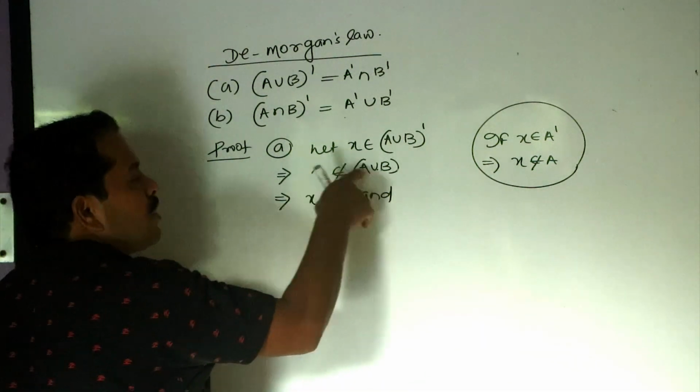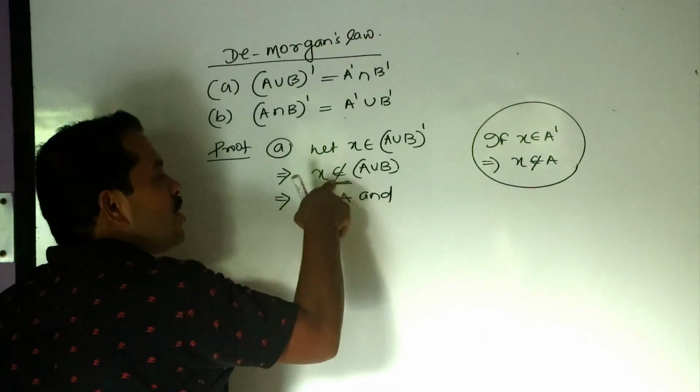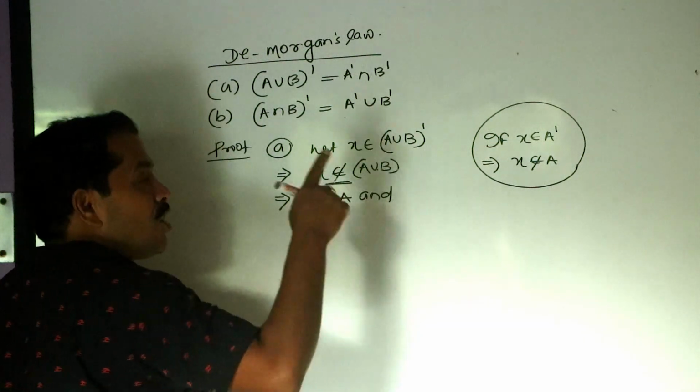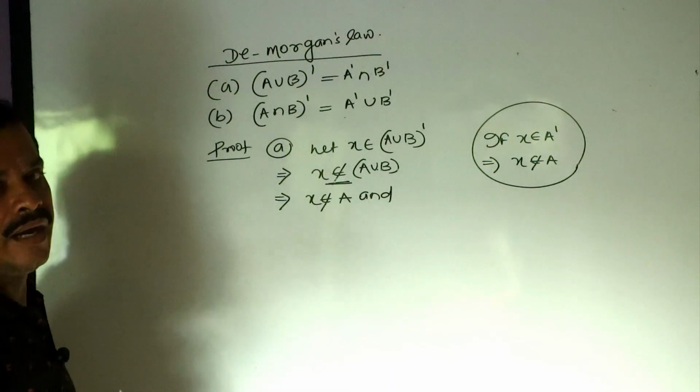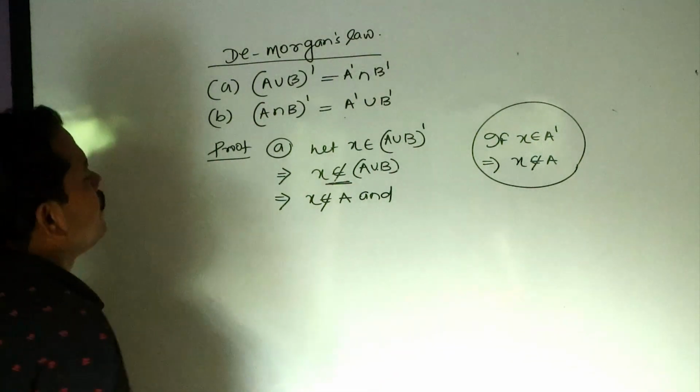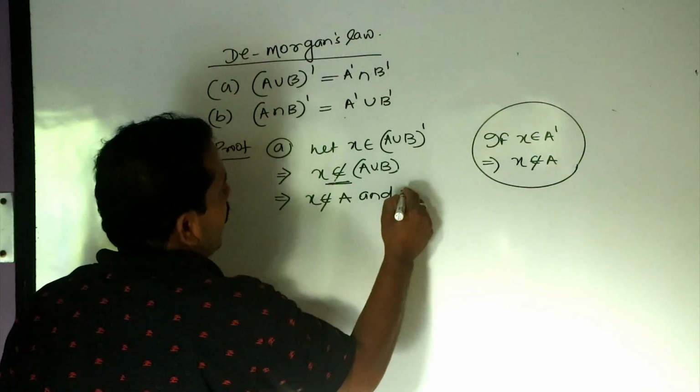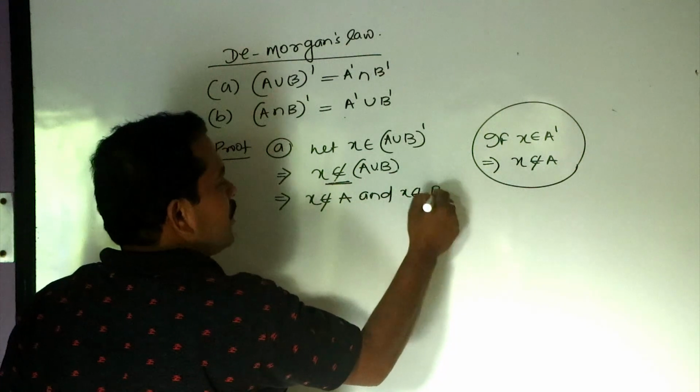If it is belongs to, then we have to write OR. If it does not belong to, we write AND, because the negation of OR is AND and the negation of AND is OR.